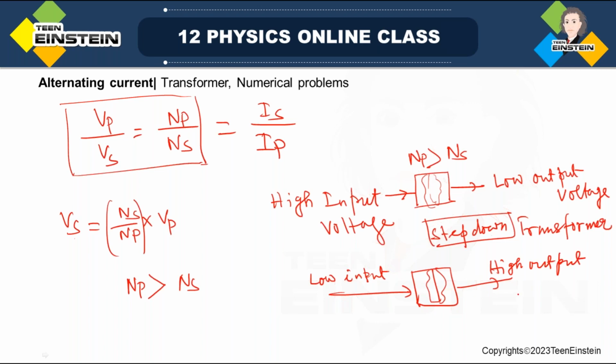So I have to get a high output voltage, and this is a step up transformer, as we have discussed.